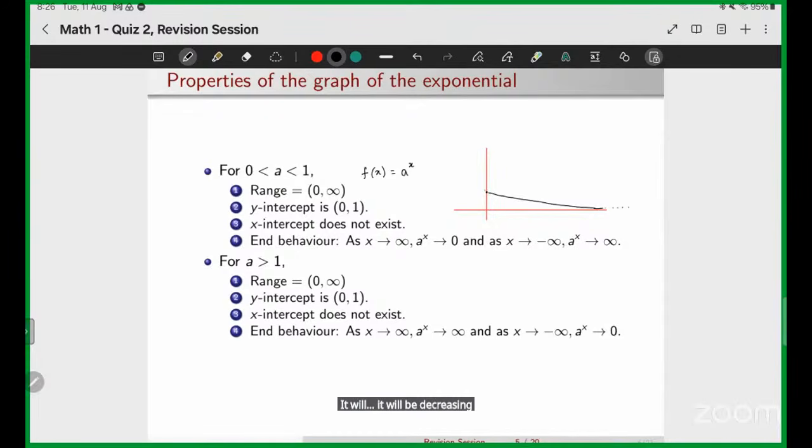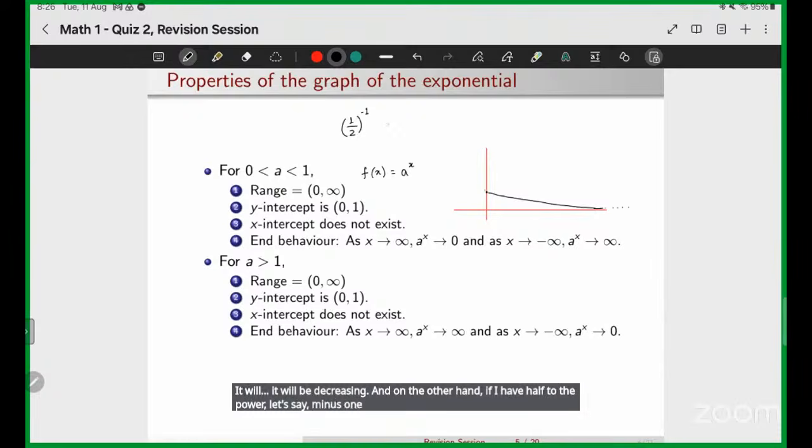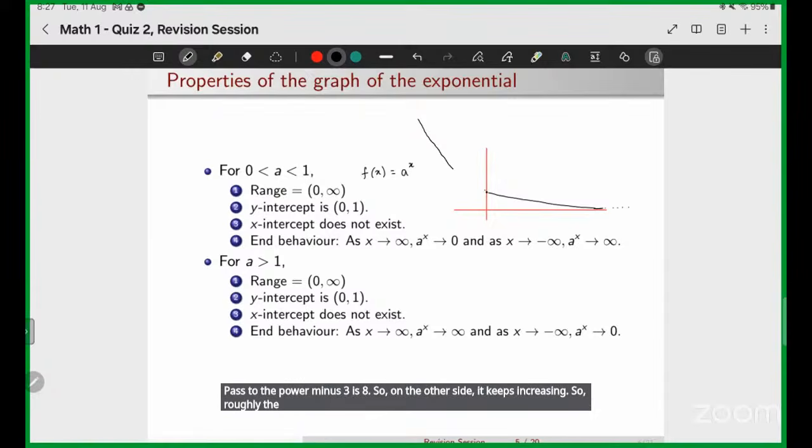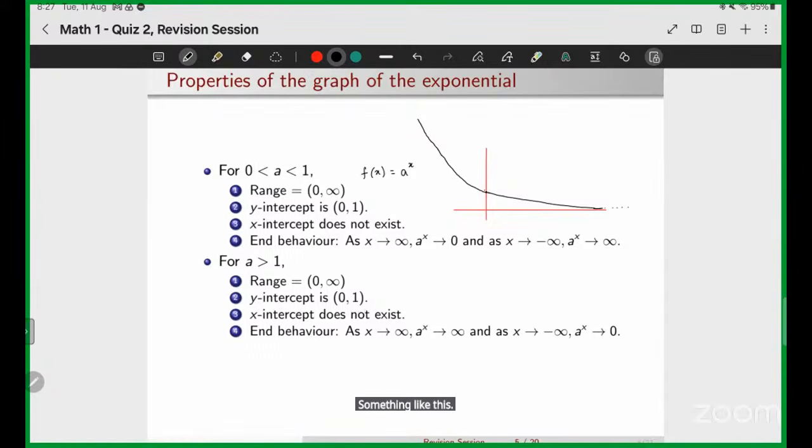On the other hand, if I have half to the power minus 1, it is 2. Half to the power minus 3 is 8. So on the other side, it keeps increasing. So roughly the graph looks something like this. This is the nature of the function when a is between 0 and 1.